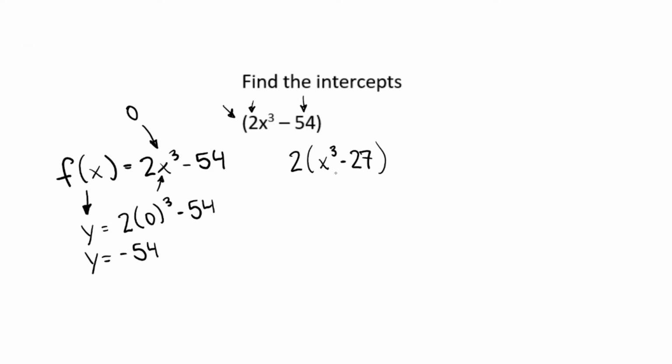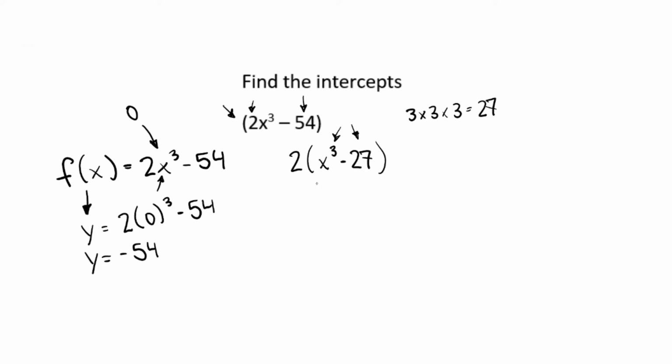I notice that this is cubed and this is a cubed number, so we can factor it further by taking x minus whatever this cubed number's root is. If you remember that 3 times 3 times 3 equals 27, the cube root of 27 is 3.